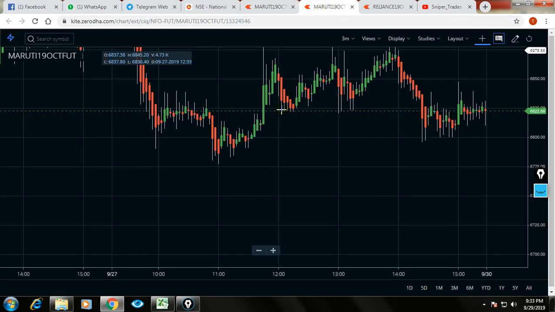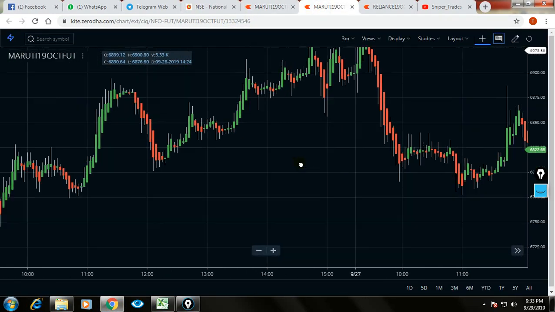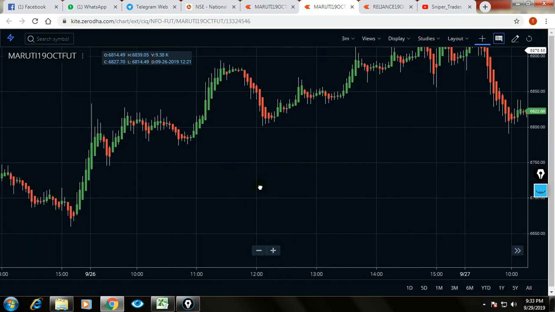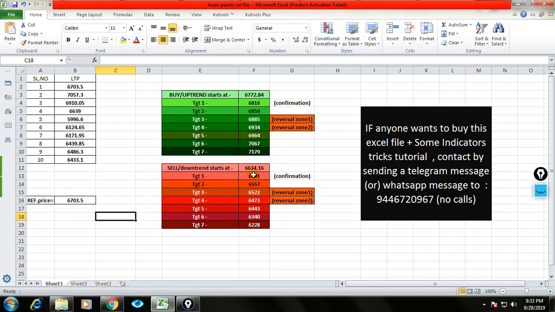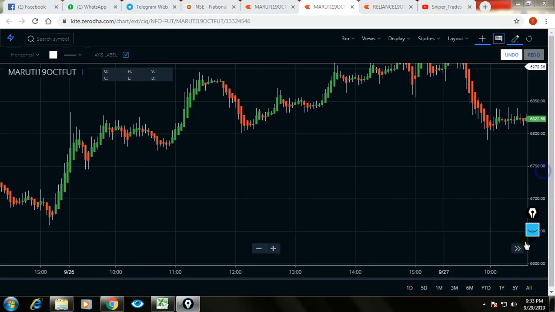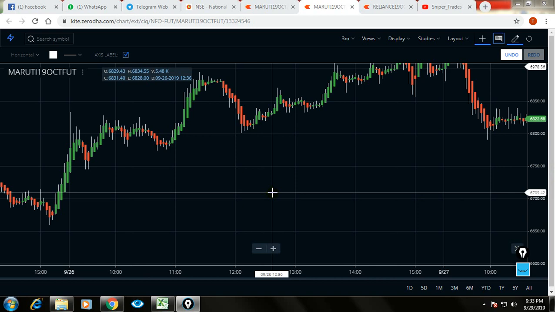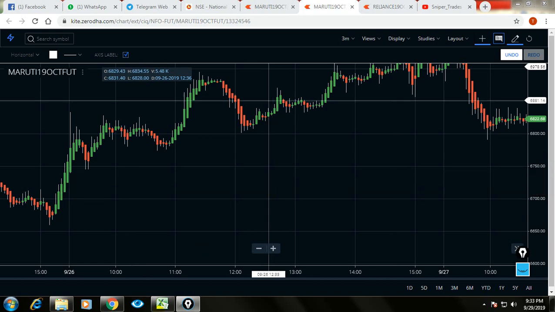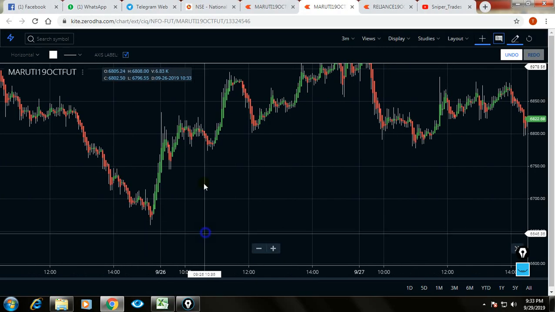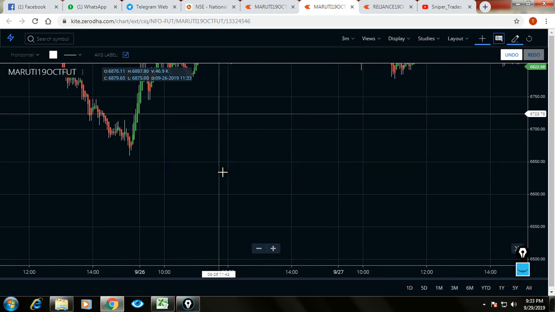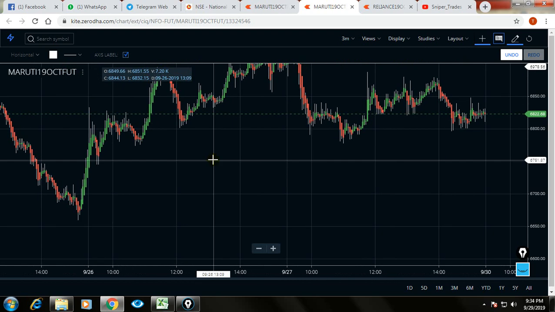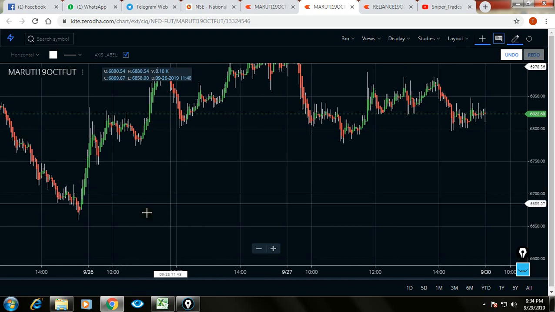Let's go back to the chart and let's mark levels for 26th. Okay, so it says downtrend starts at 6634.16. Okay, the downtrend levels is not active in 26th September.